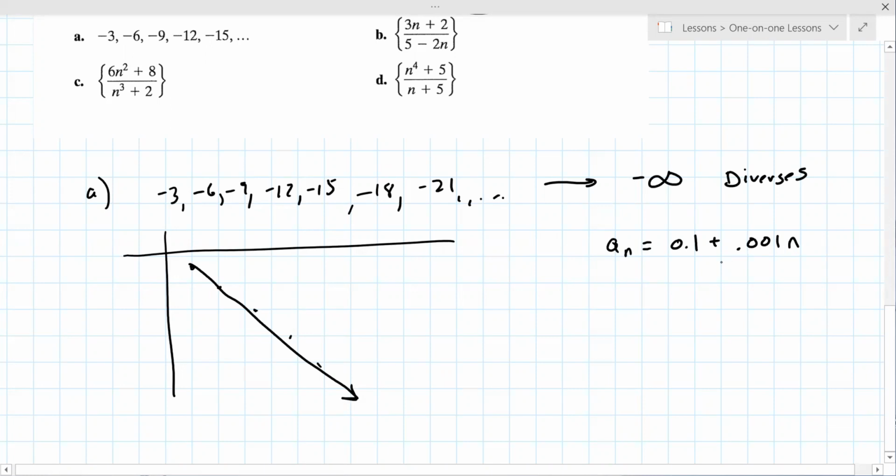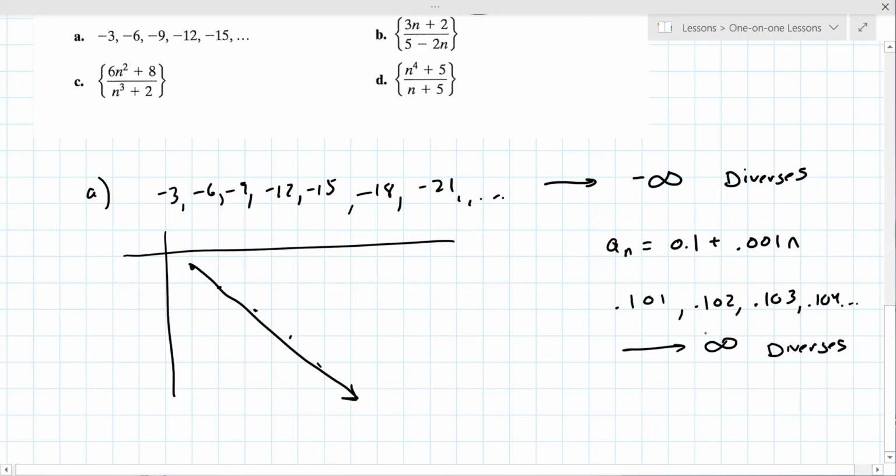If you write out a couple terms, the first term is 0.101, then 0.102, then 0.103, and so on. This one's growing; every time it gets bigger. This one goes to positive infinity, and it still diverges because it does not approach a number. Even though it's really small, eventually this will get to giant numbers.